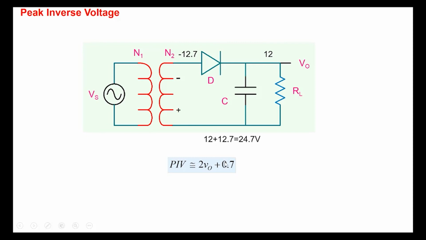And note that the amount of reverse bias on the diode will keep on changing, and the maximum amount of reverse bias will occur when, because on this side the voltage is fixed to 12, the voltage on this side goes to its maximum negative value, which is minus 12.7. That's when the peak inverse voltage on the diode occurs. So that's equal to 2 V0. Right, so we have to choose then a diode with a peak inverse voltage larger than 24.7 volt here.